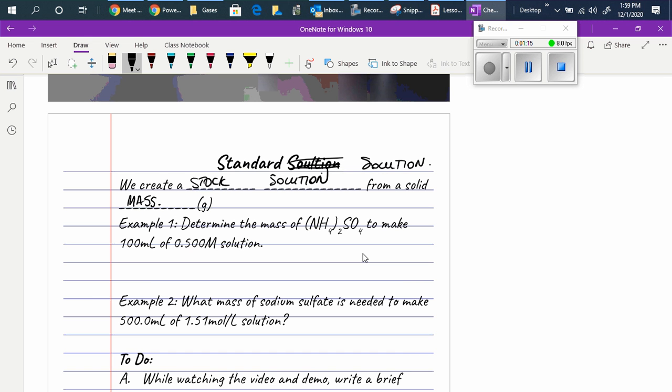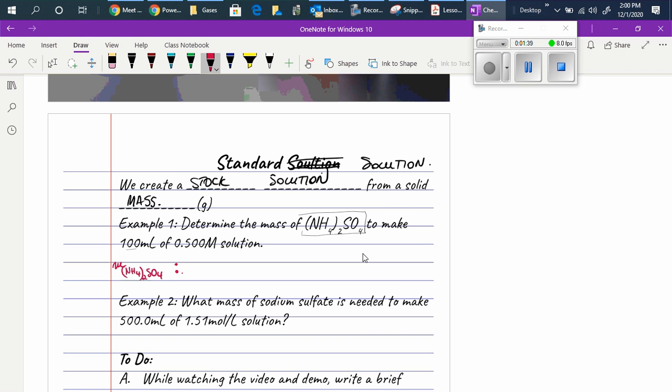So let's see now, determine the mass that is needed of ammonium sulfate to make 100 milliliters of a solution with a concentration of 0.500 molarity. So what we are looking for is the mass of ammonium sulfate.